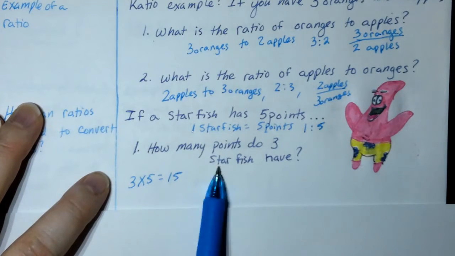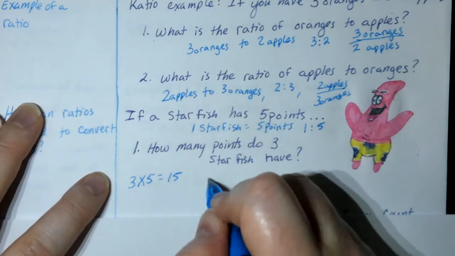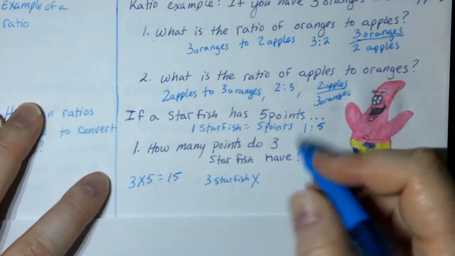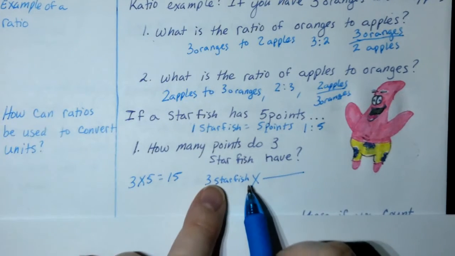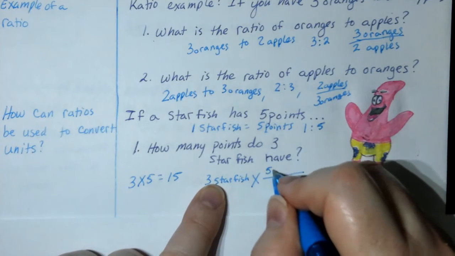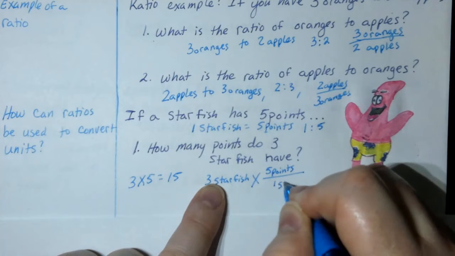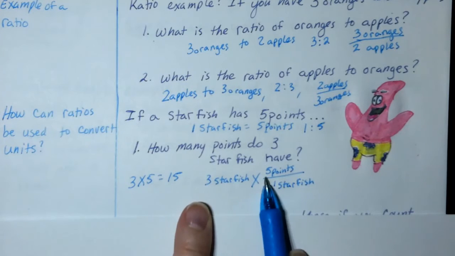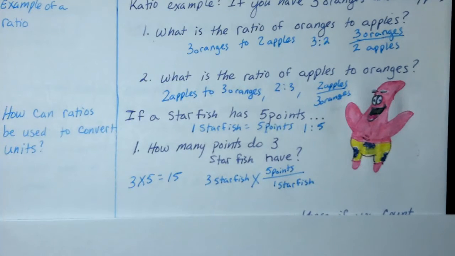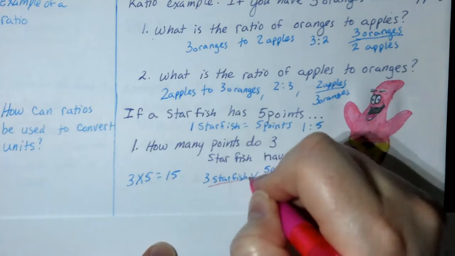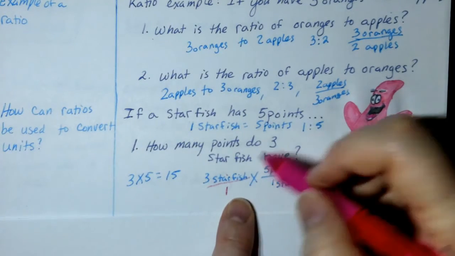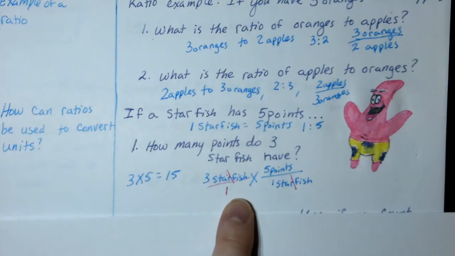So if I know that I have 3 starfish, I'm going to start with 3 starfish, and then I'm going to multiply it by, I have 5 points per 1 starfish. Okay, so I'm still doing that 3 times 5 that you already knew we should be doing. But I switched it up by putting some units on top of it. So starfish and points. Starfish are diagonal from each other with a multiplication in between. This means I can cross them out.